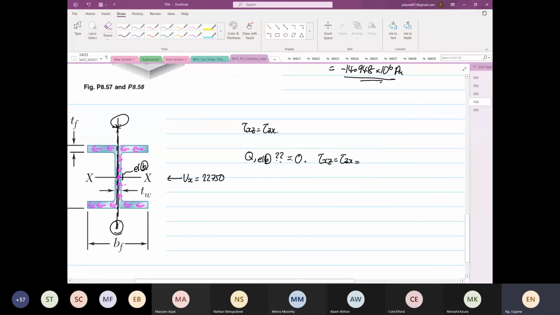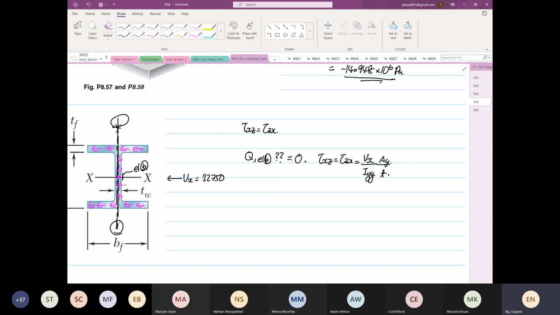This is equal to VX over IYY, AY, divided by T. But the fact that they both end at one point, which classifies as a terminal, and the flow is reverse.